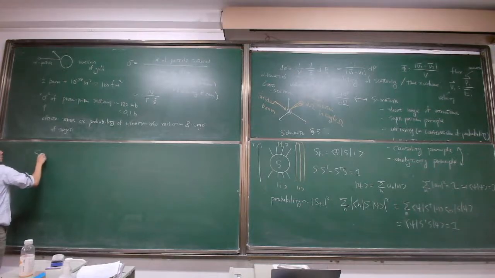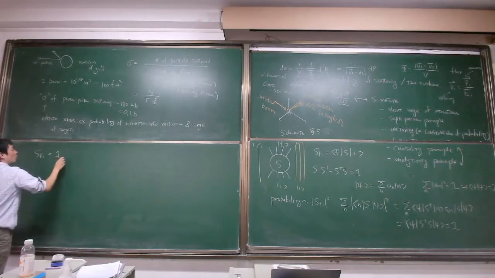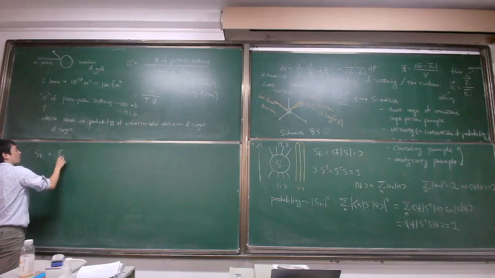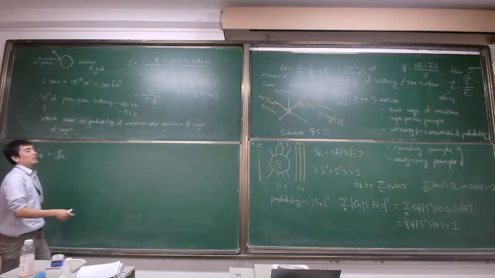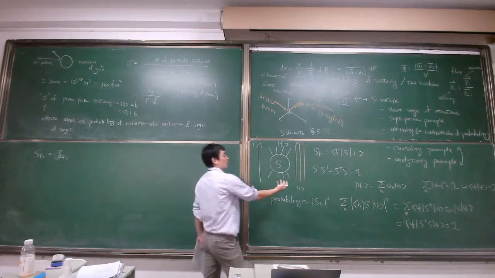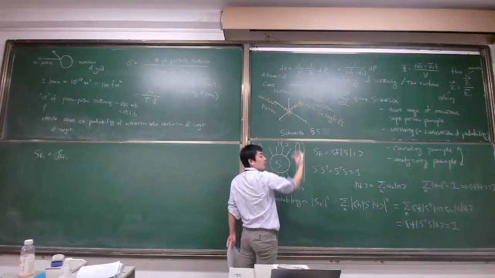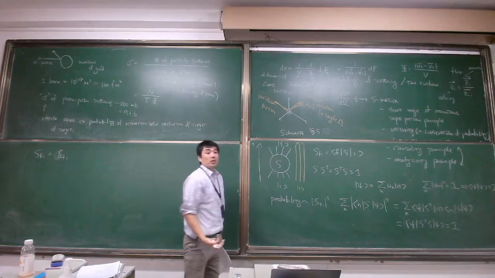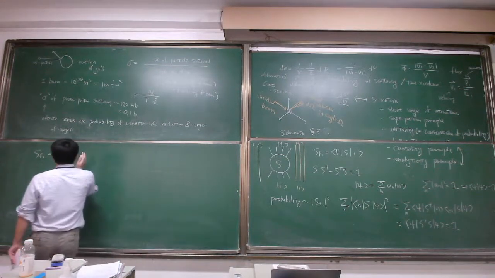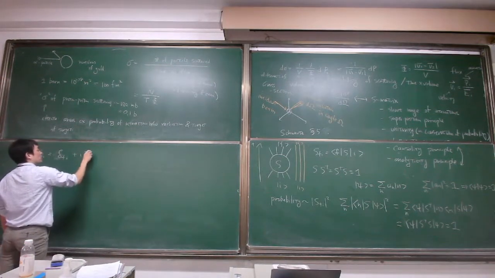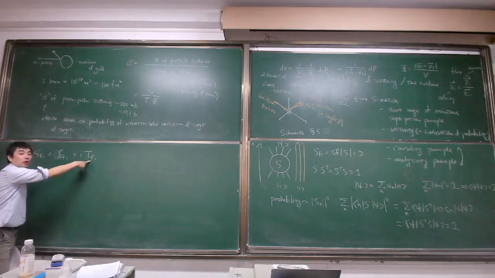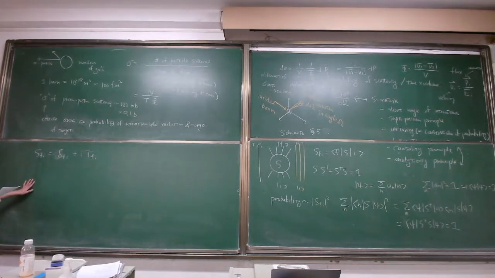So therefore, 1 means the delta Fi. Delta Fi means it doesn't have anything. There's no interaction occurring. So past infinity and future infinity are always the same. You just separate this boring process, and then this is the nontrivial process. That's what we are going to consider.